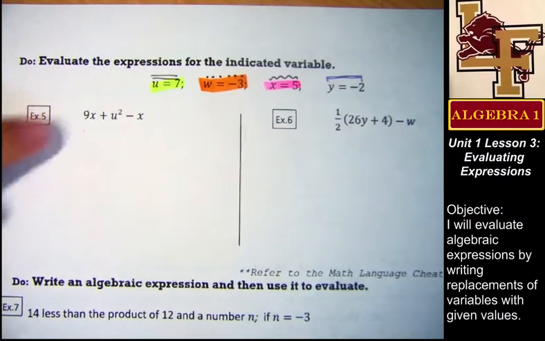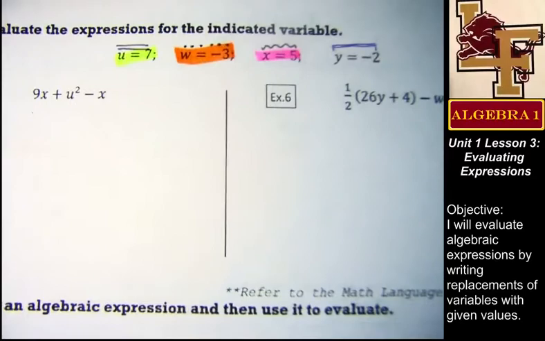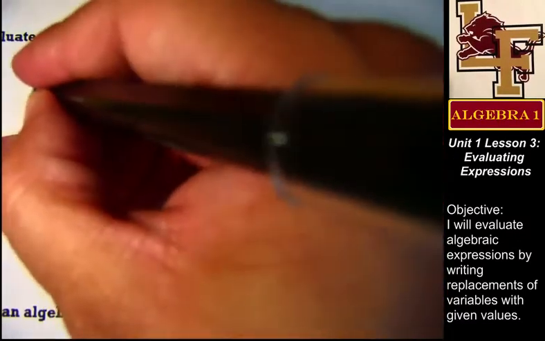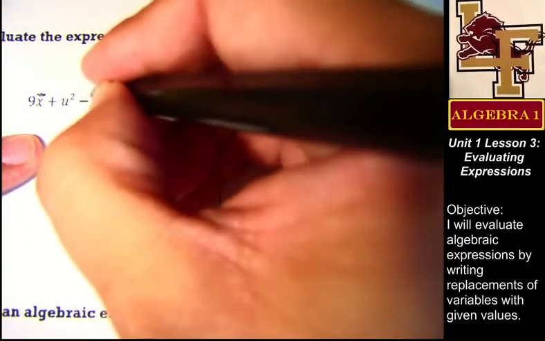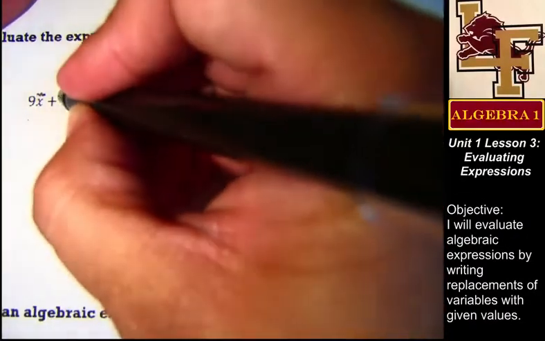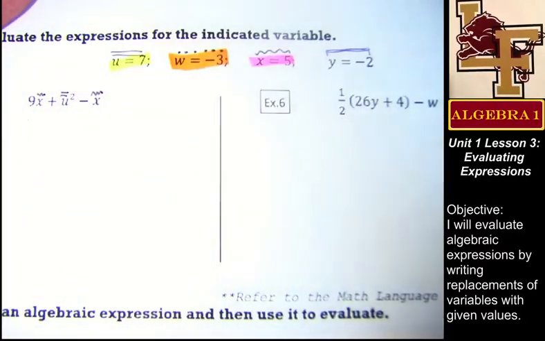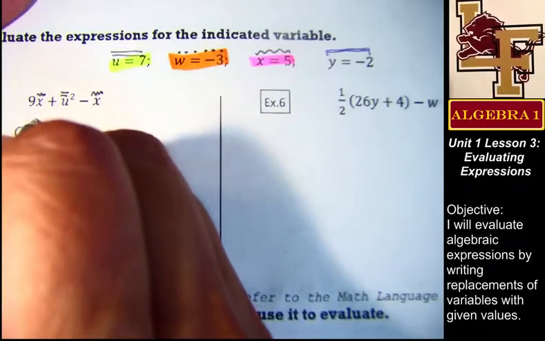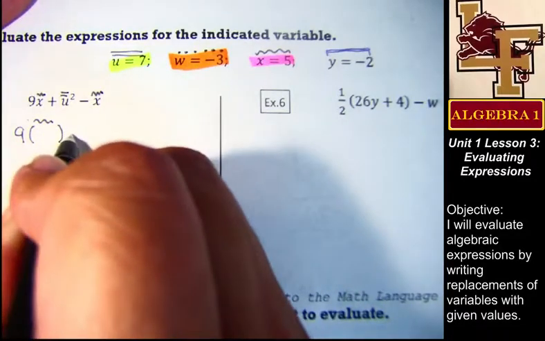Okay? I'm going to look at the first one. The first one has the variable x. I've done that with a squiggle. So those are my squiggles. And the u is right here. So now I'm going to do 9. And then here's my x with the squiggle.